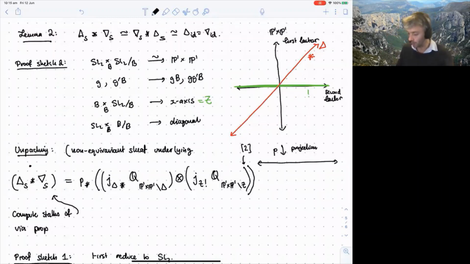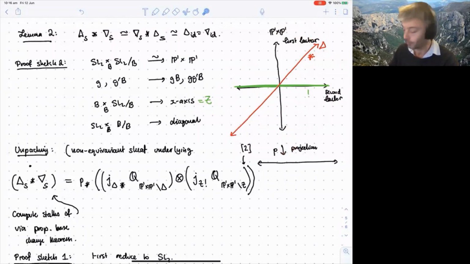Please tell me if there's any more typos. Okay, so we have this sheaf here, which is a tensor product of a star extension along here and a shriek extension along here. And we're taking this sheaf, we're pushing forward under the projection, and we want to know the stalks of this.